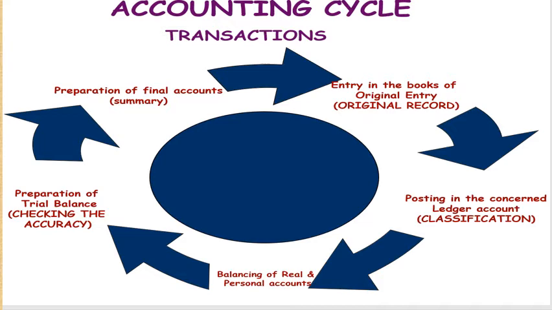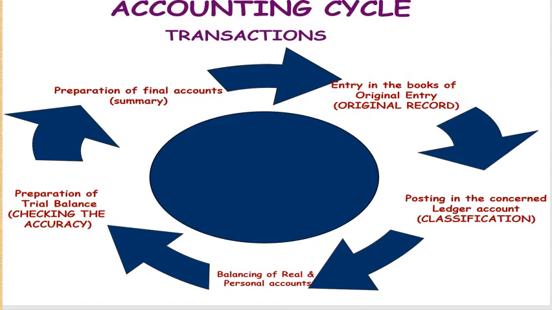Continue, prepare them into a balancing of the real accounts and personal accounts, and then from there we come to our trial balance, and from the trial balance we prepare our final accounts. And in the final accounts, it includes both the income statement plus the balance sheet. That is our final accounts.